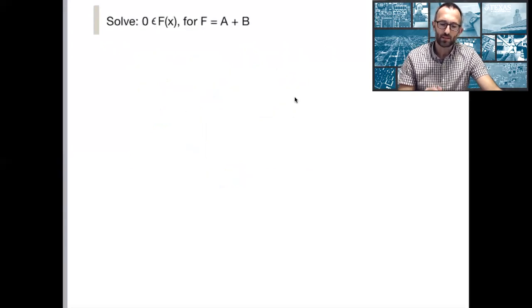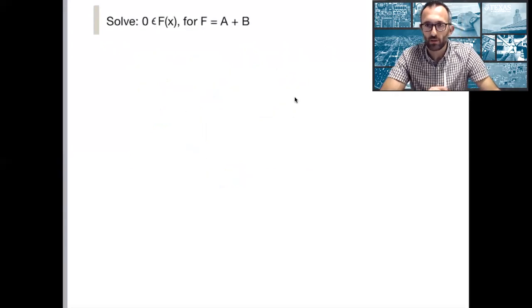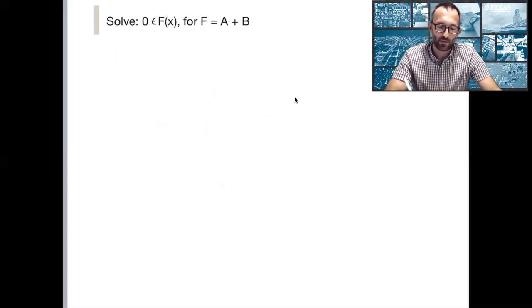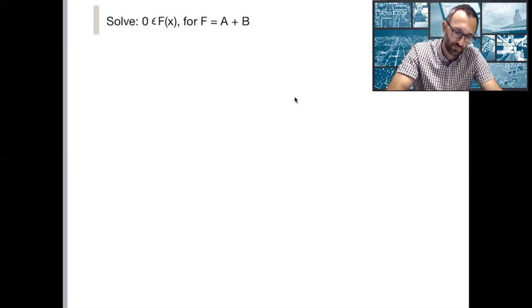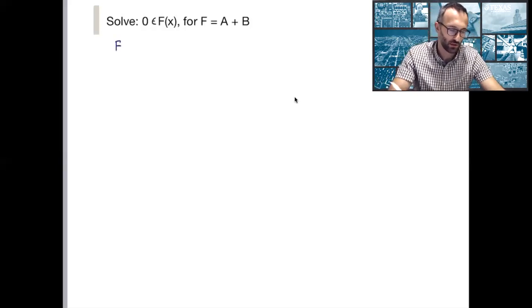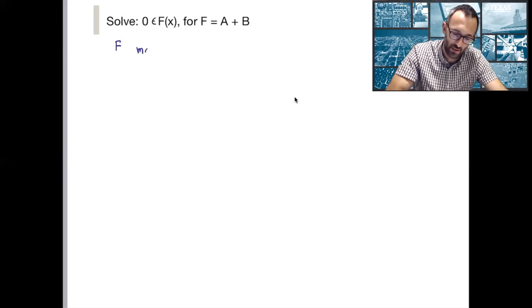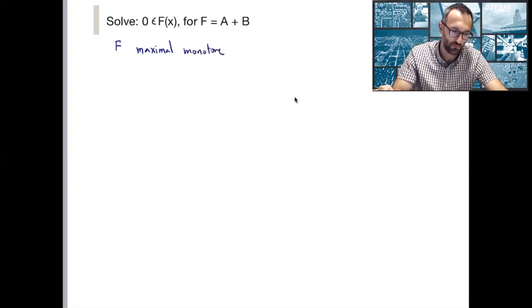In particular, the context that we're going to focus on is the setting where we want to solve a set of generalized equations in the language that we've developed when we were talking about relations. So f is a relation, and in particular we're going to assume that f is some maximal monotone relation.